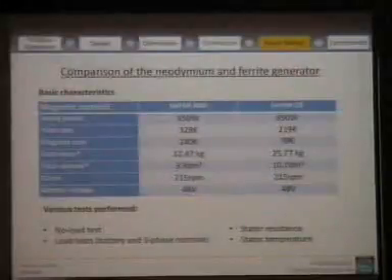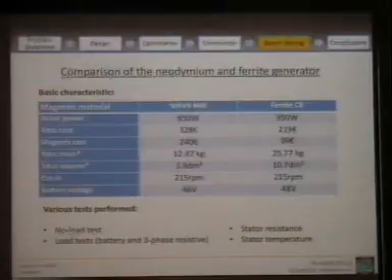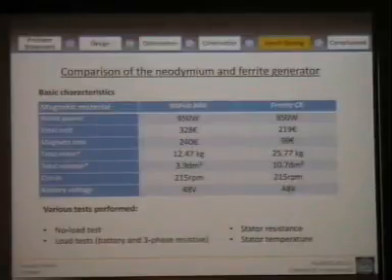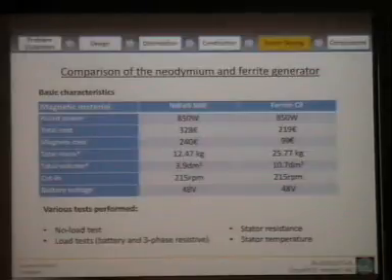After the construction was complete, it was time to compare the ferrite generator with a similar power neo generator, and here are the basic characteristics of the two generators that were compared. Some of the tests that we performed were the no-load test and the battery load test. We measured the stator resistance and the stator temperature.